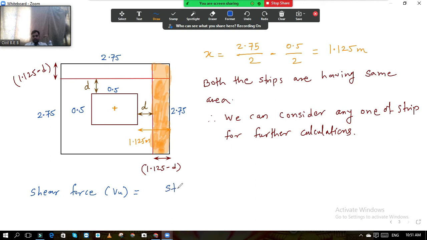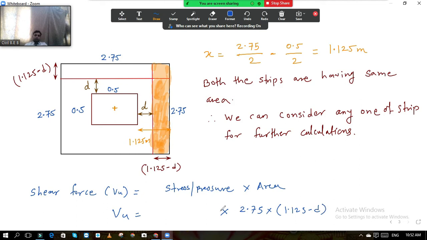The basic thing is stress or pressure into area, so Vu is equal to stress into area. You know the basic formula. Let me know the value of soil pressure. What pressure we have calculated, and what is the area of the strip? It is in front of you, 2.75 into 1.125 minus d.